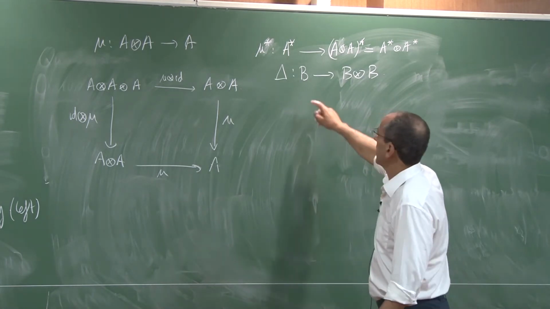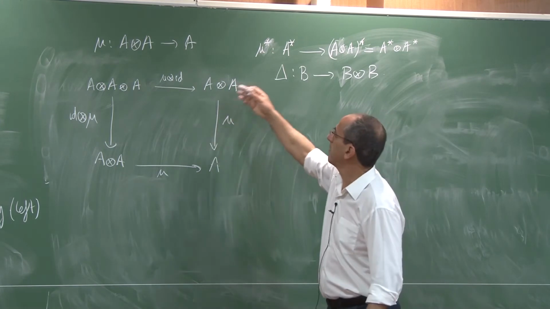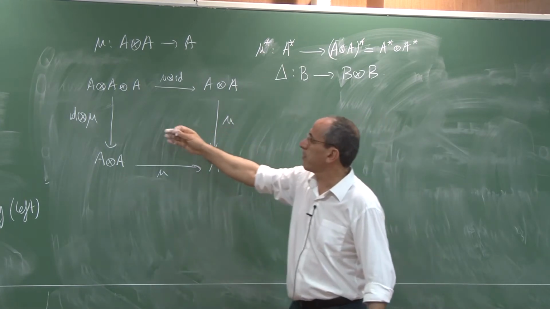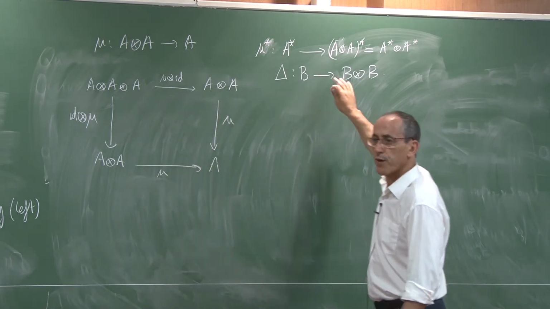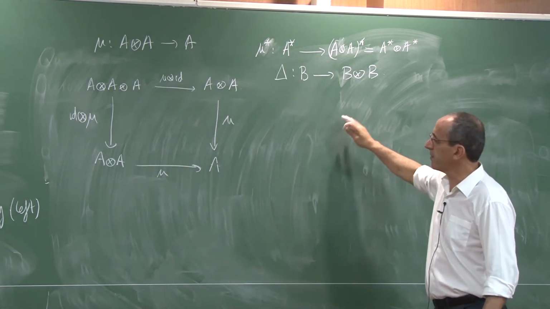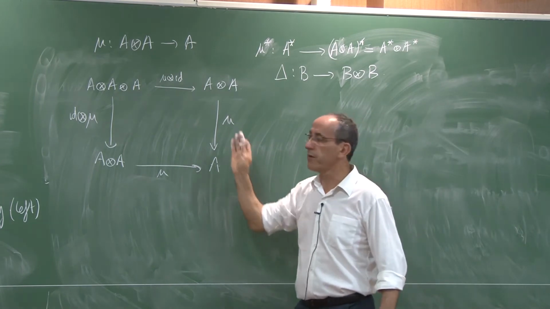And now we would like to get the corresponding notion of associativity for such an operation. And to get this is very easy. You just reverse the arrows.